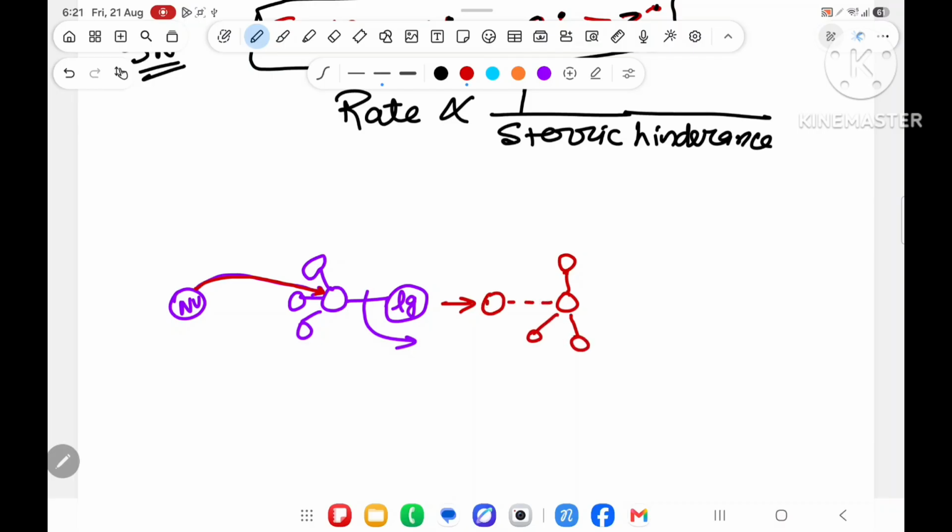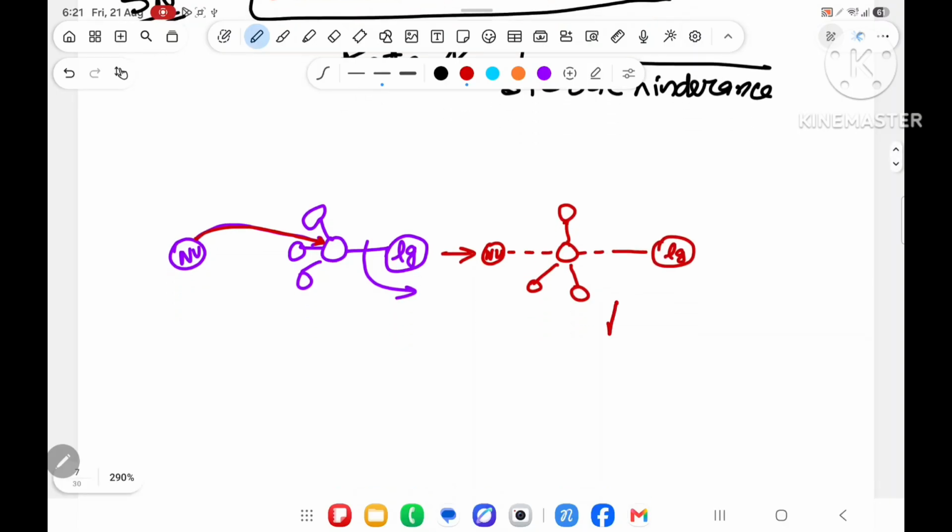Nucleophile is coming from this side. At the same time, the leaving group is leaving, and after some time the nucleophile will attack over here. 1 atom, 2 atom, 3 atom, plus the leaving group is going outside. This is SN2.